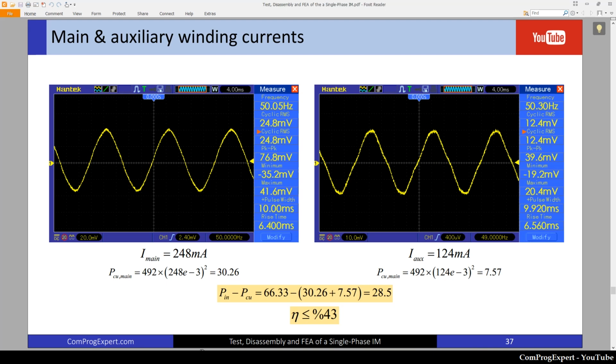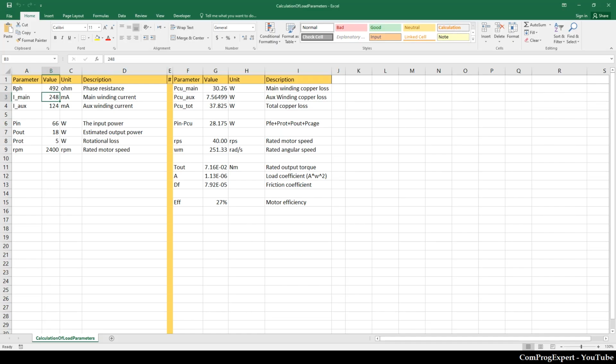So because we know the value of phase resistance and the phase resistance is equal for two phases, so we can calculate the copper loss due to main winding and copper loss due to auxiliary winding. So we can calculate total copper loss due to the stator winding, right?